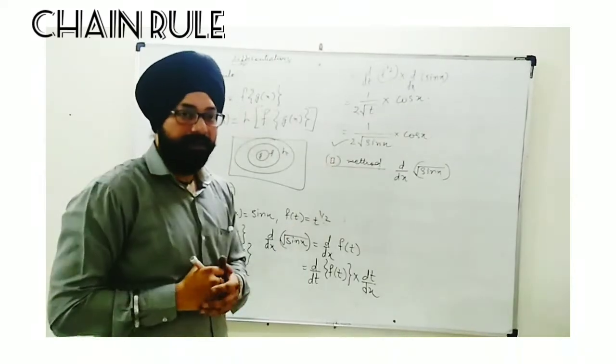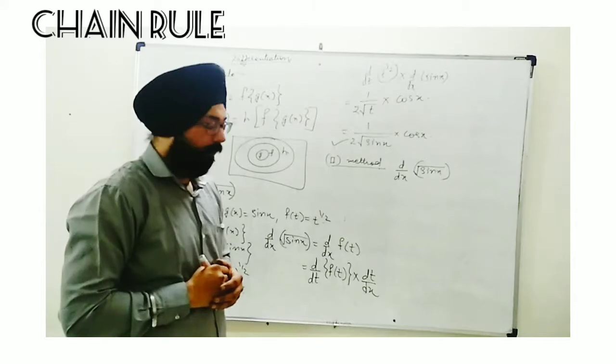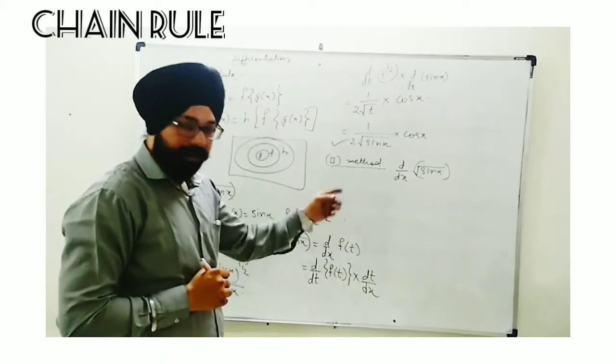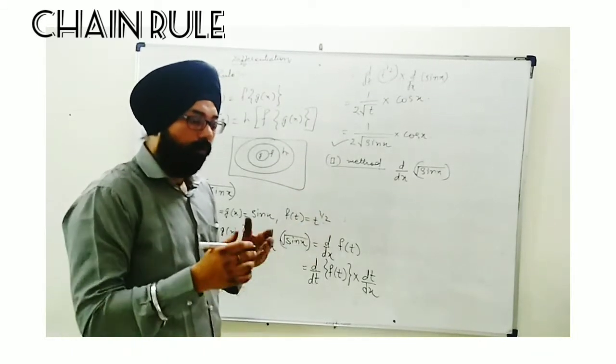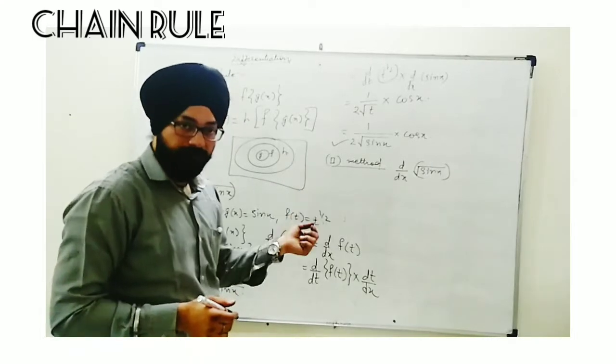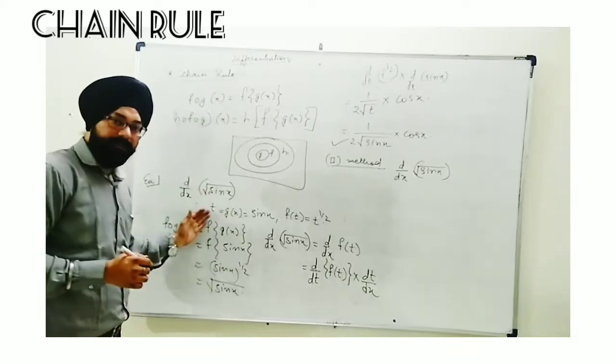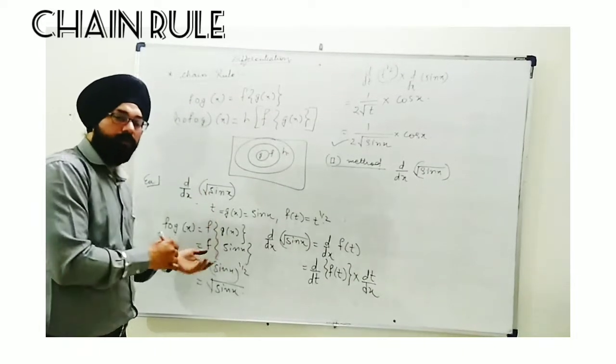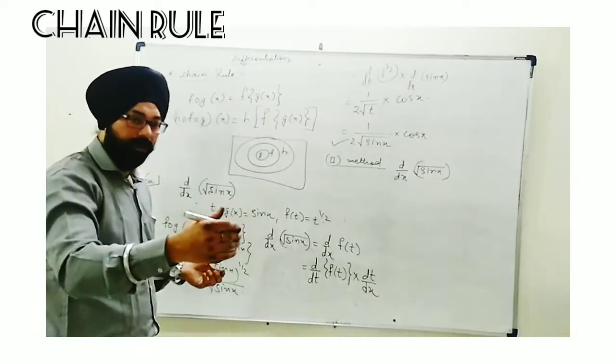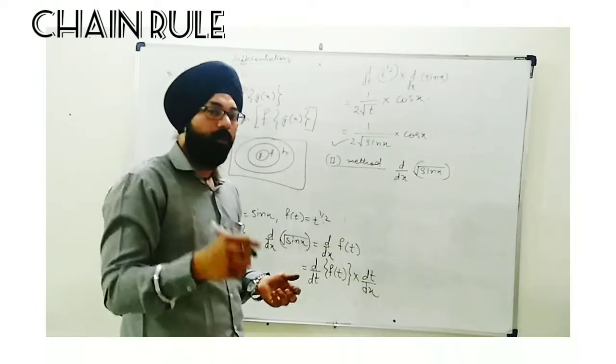Here I see two functions are involved. Whenever you are given two or more functions in a composition form, then as I have already told you, differentiate the surface function, the outermost function, first, and slowly, step by step, you move towards the inner function.